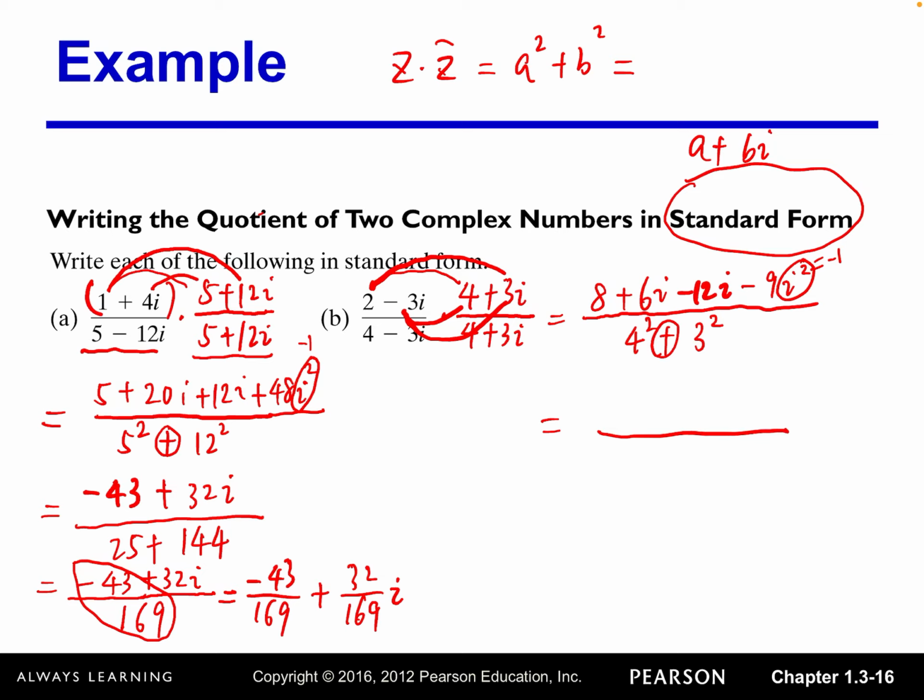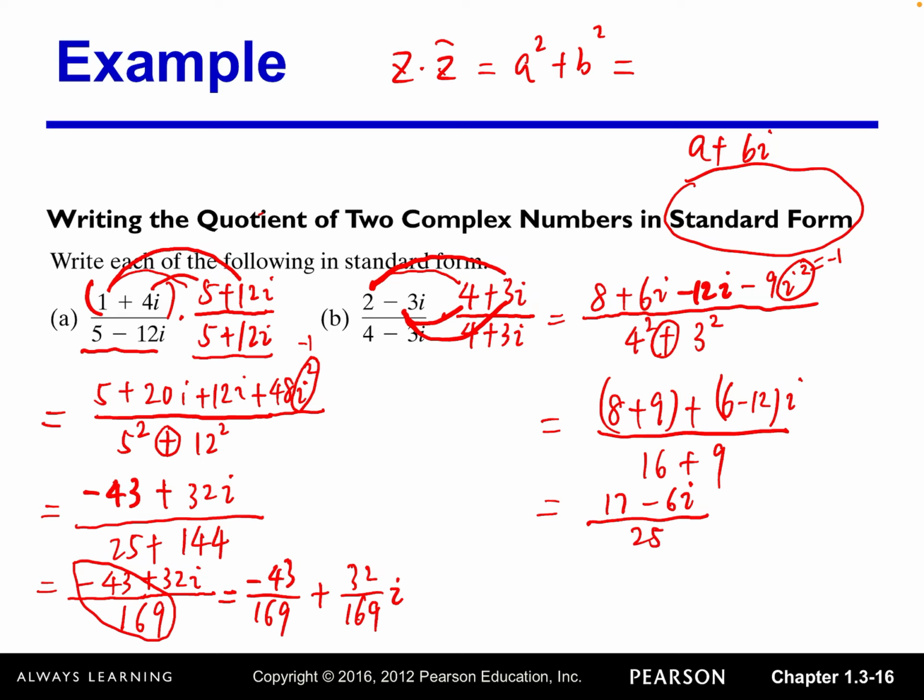So denominator, simplify the 16 plus 9. Numerator, the real part is 8, and then negative 9 times negative 1 is plus 9, right? That's the real part, plus the imaginary part 6 minus 12i. And then further simplify, 17 minus 6i.